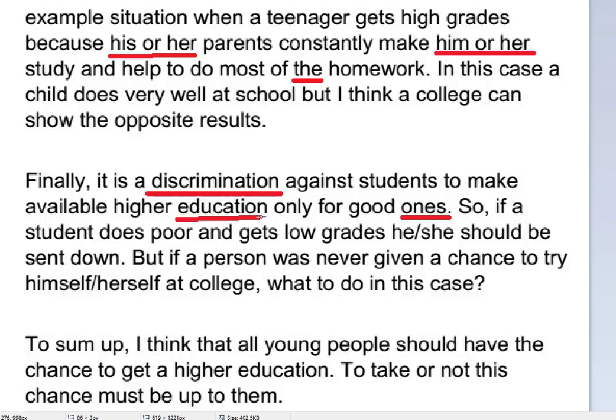The previous noun is education. Does this one refer to education? Does it refer to students? Not clear. Make higher education available. So there's a problem here with word order. Get rid of this.